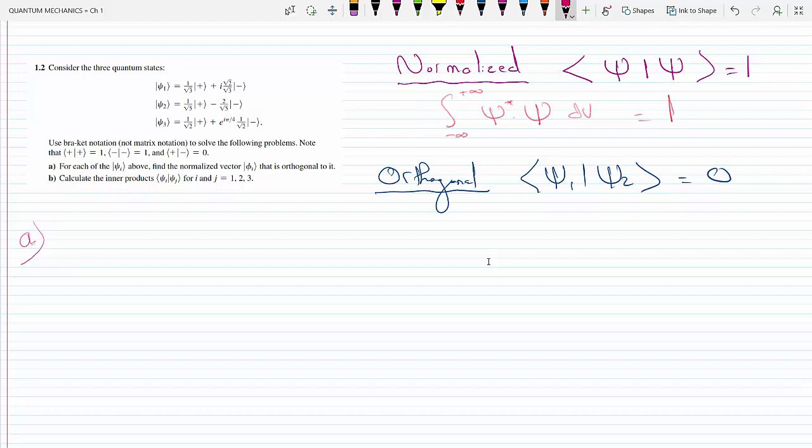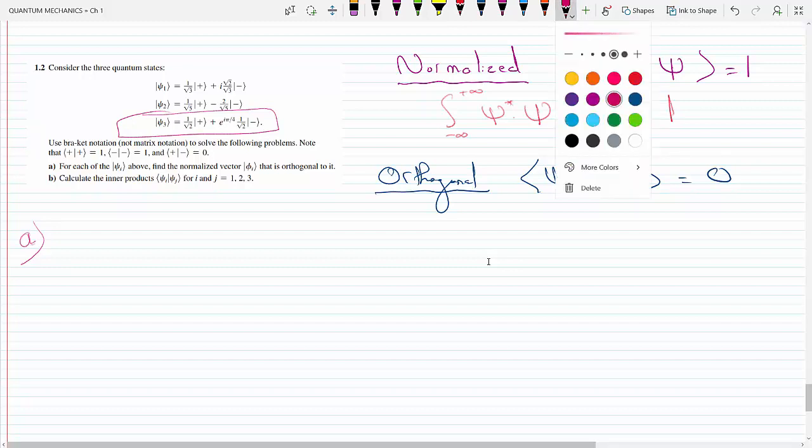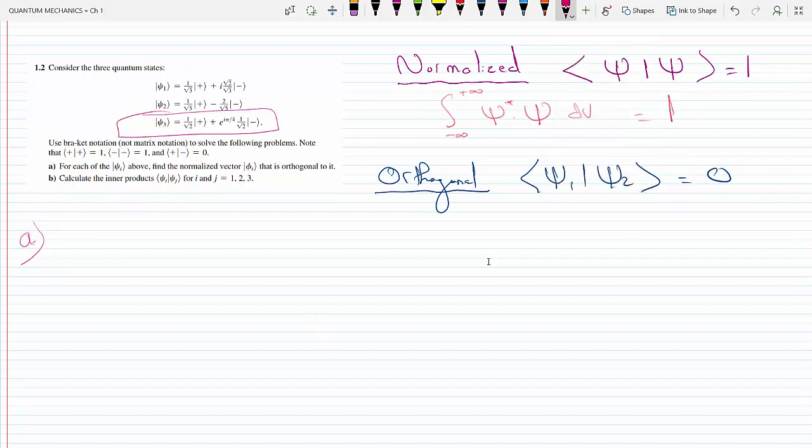Okay, let's work on the third one. So this is going to be phi 3. In general it's going to be an unknown, consisting of two states, one spin up and one spin down.